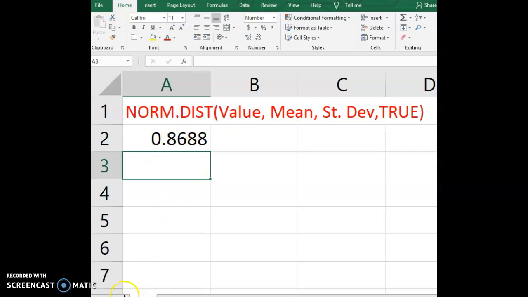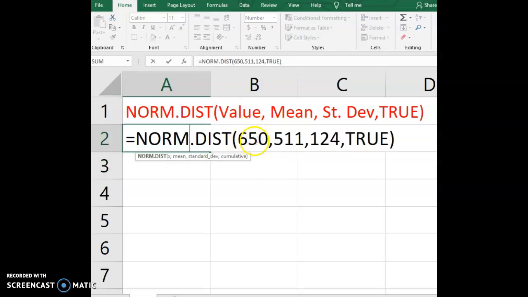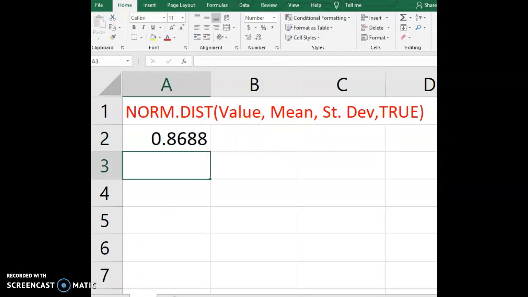And to write that as a percent, you would slide the decimal 2 spots to the right, which is multiplying by 100. And so it would be 86.88% of the data is to the left of that value you enter in as the first argument.